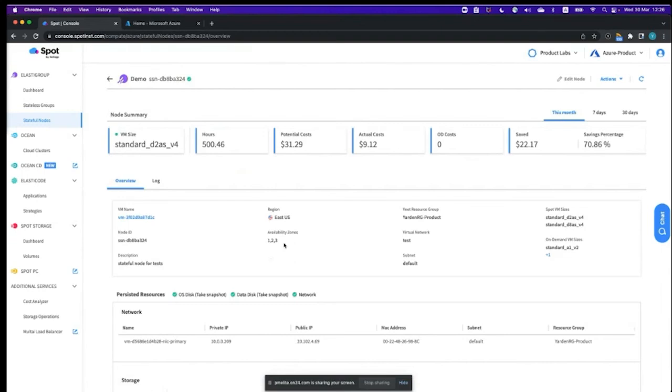Yeah, we're configuring here 3 availability zones, which means the VM itself isn't running on 3 availability zones, right? It's only running on 1. But it enlarges the availability of your node, which means it can be launched in either the first, the second, or the third availability zone configured here.